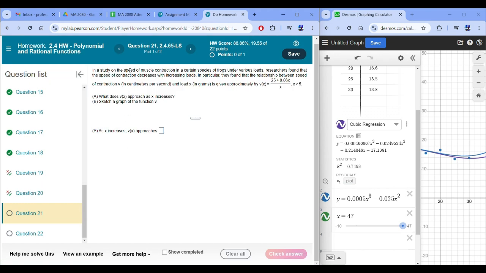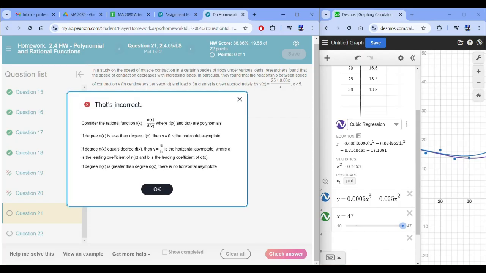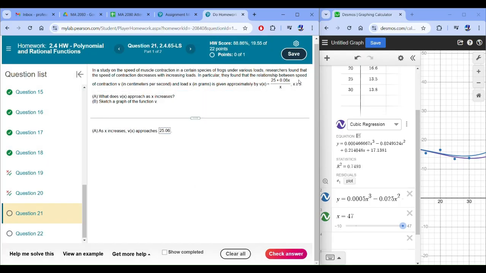In a study of the speed of a mussel conducted in a certain species of frogs on the various loads, the researcher found that, what does it approach as x increases? As x increases, this is going to be approaching 25.06. Oh no, 0.06 is just the ratio. 0.06 divided by 1.